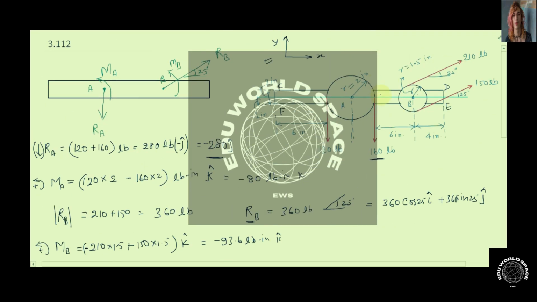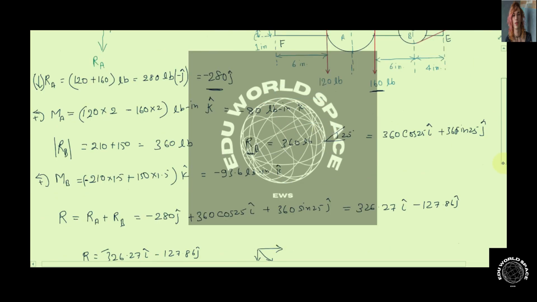Now we can equate this moment about point B with the moment from the actual system given in the diagram. We add up the moments, and RA is in the vertical direction, so its horizontal or perpendicular distance from point B is given in the diagram as 6 inches. So the moment because of RA will be 6 multiplied by RA, and RA is going to cause an anti-clockwise couple.